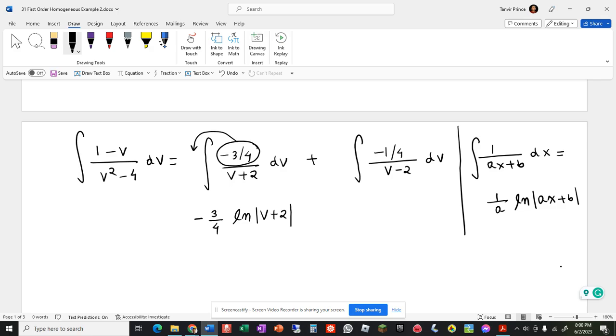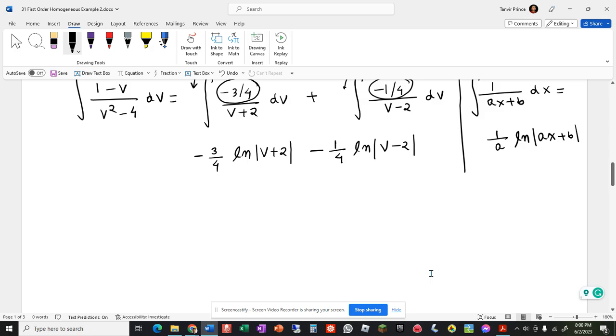Don't forget the absolute value symbol. Similarly, I take the negative 1 over 4 outside, and I end up with ln of v minus 2. Excellent. So let's write that down. That is the answer for the left hand side.